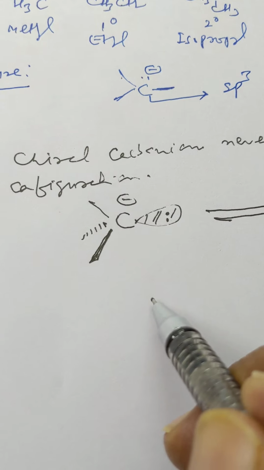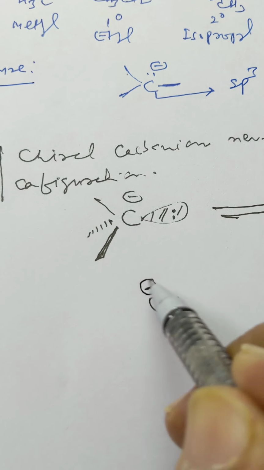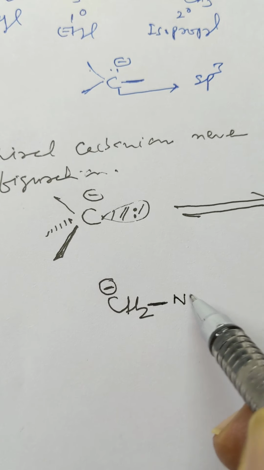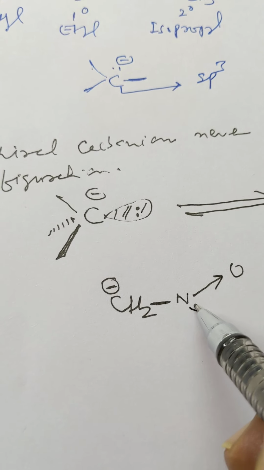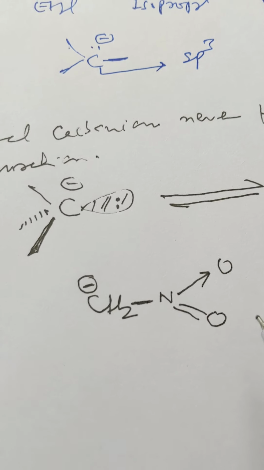Say this is the carbanion formed, and this carbanion is a carbon alpha with respect to the nitro group, and this is our nitro group. ये ग्रुप हमारे पास कौन सा ग्रुप है? नाइट्रो ग्रुप.